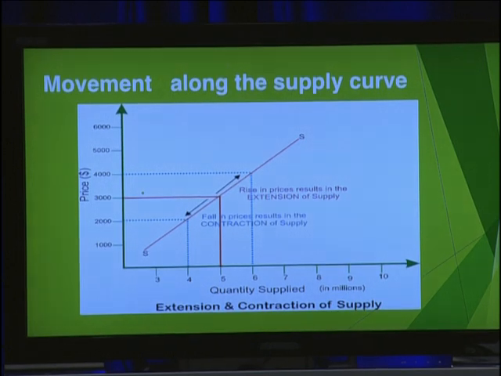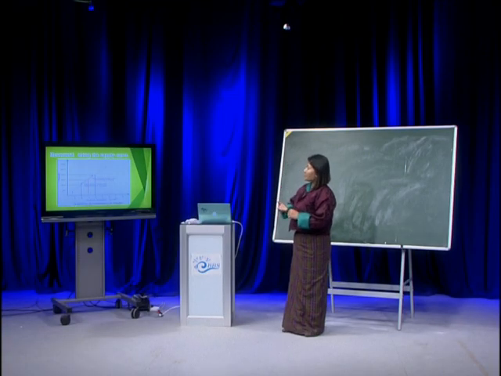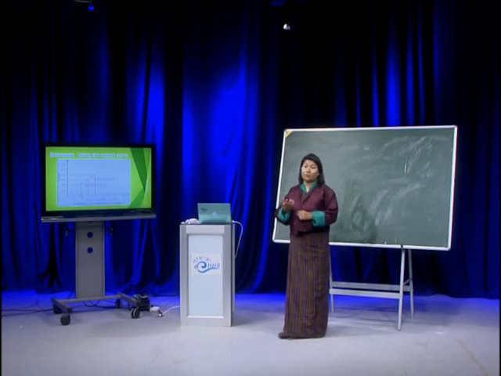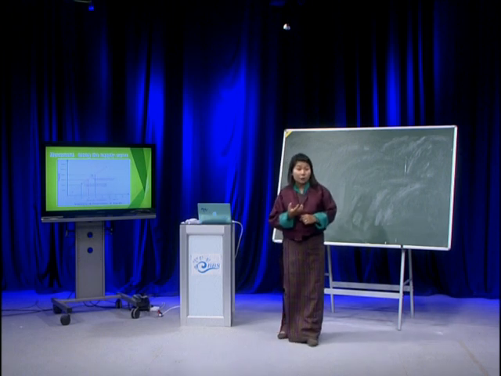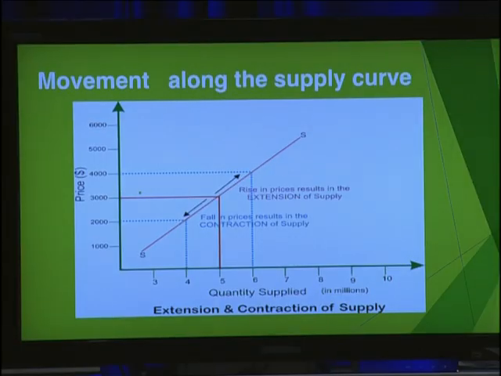If you look at the graph here, on the y-axis is the price of the commodities that a producer is supplying to the market. The currency we use here is dollars.